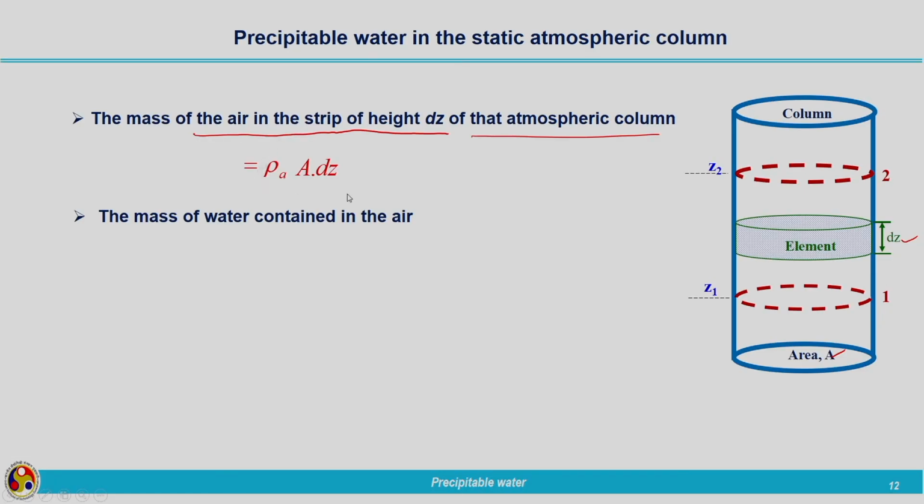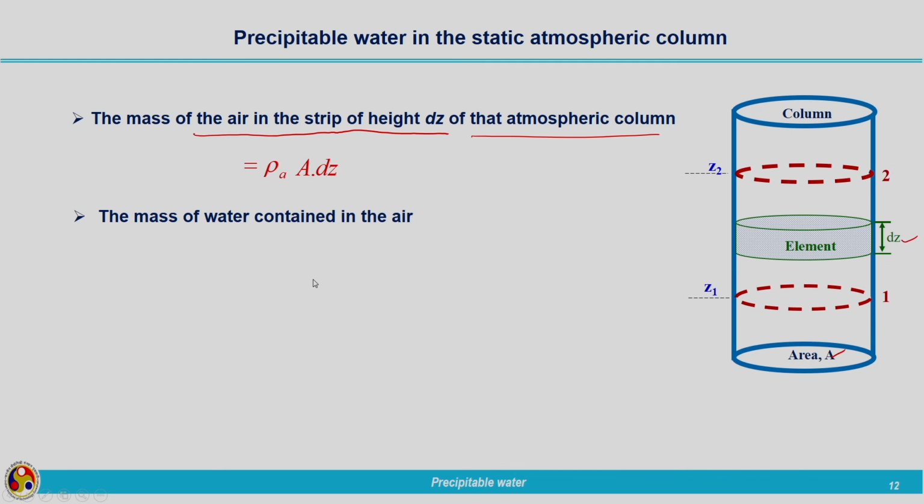We have the mass of the moist air, that is rho A into A dz. So, if we multiply specific humidity with this expression corresponding to mass of the moist air, we will get the mass of the moisture present in that particular strip. So, mass of water, here I mean the moisture present in that particular strip, that is dmp.